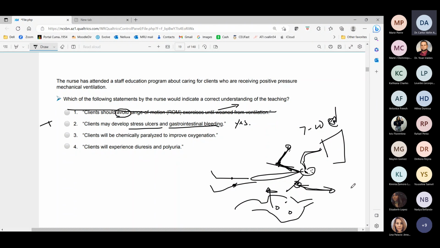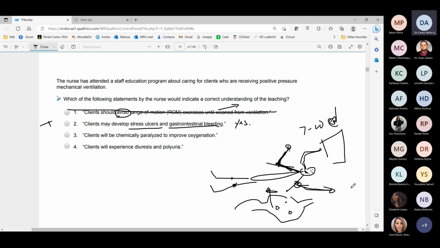In the ICU patient, the Curling ulcers. You don't need to learn those names. This is not going to be in the exam, but it's just to convince you that we have known for a long time that physiological and psychological stress can produce very rapidly developing deep ulcers in the stomach that can bleed a lot.